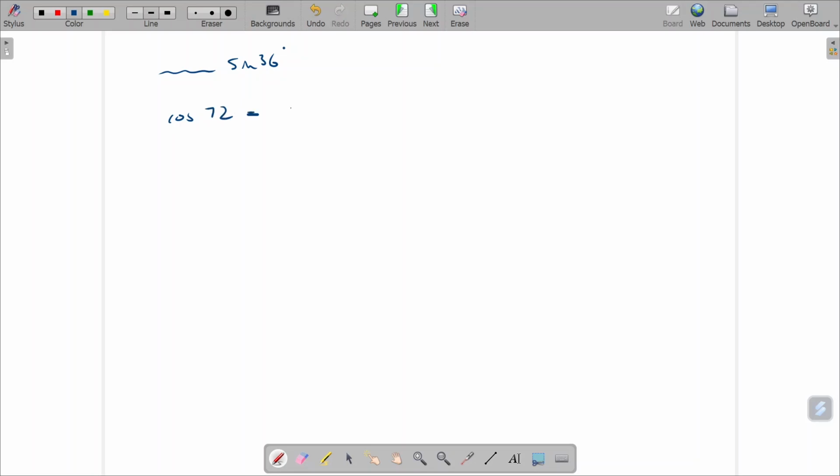Well, we can see this as cos of 2 times 36. So now hold on. We've got the three variations. Variation 1 contains cos squared minus sine squared. Variation 2 is 2 cos squared minus 1. And variation 3 is 1 minus 2 sine squared.